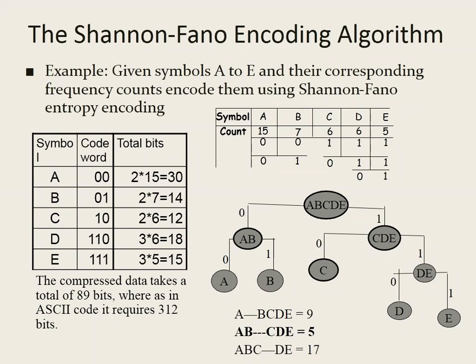If A is represented by 00, when we are decompressing, we have to use the code word 00 for converting into A. So for compression we use the code words, and for decompression also we refer to the same code words. So the code table by itself has to be saved with the compressed file within the same file. That will take space.